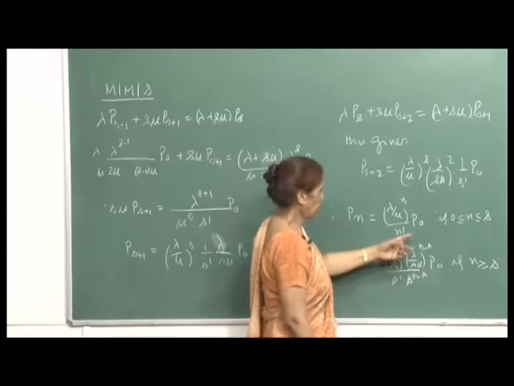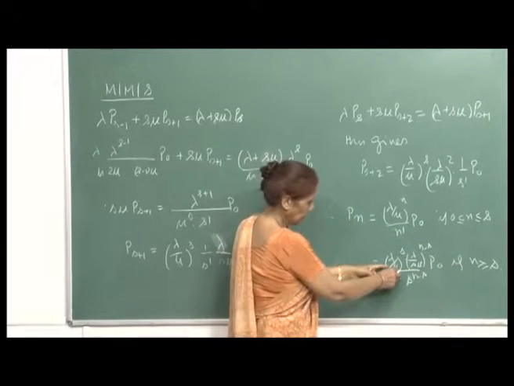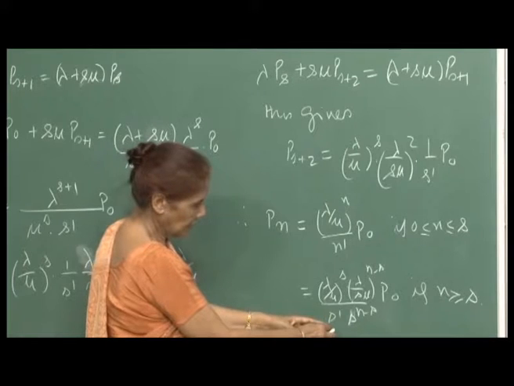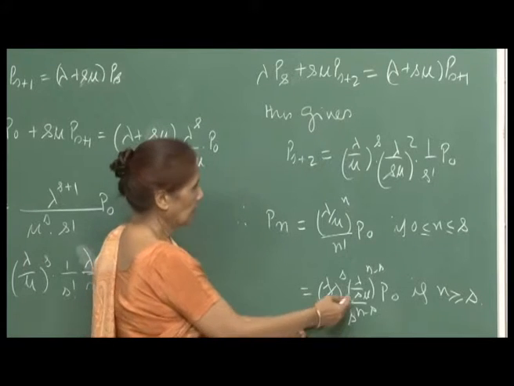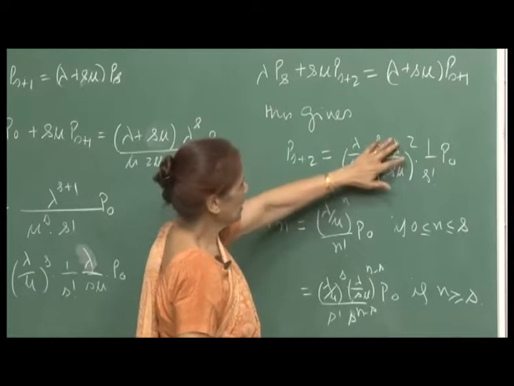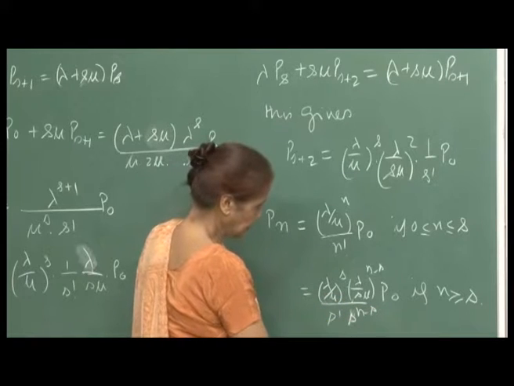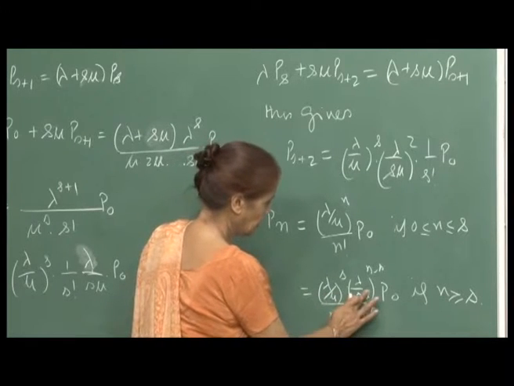But for n greater than s, you are going to have (lambda by mu)^s upon s factorial, and then (lambda by s mu) to the power of n minus s. I am writing lambda by s mu, I do not have to write s here.